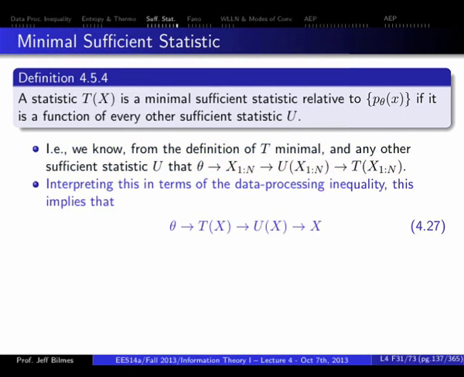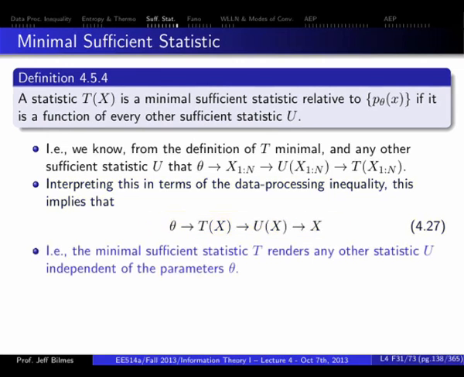And interpreting this in terms of the data processing inequality says that we actually have this. It's a sufficient statistic, but being minimal, it renders any other sufficient statistic independent of the parameter. The minimal sufficient statistic, since it's sufficient, no other statistic is going to tell you any more about the parameter.